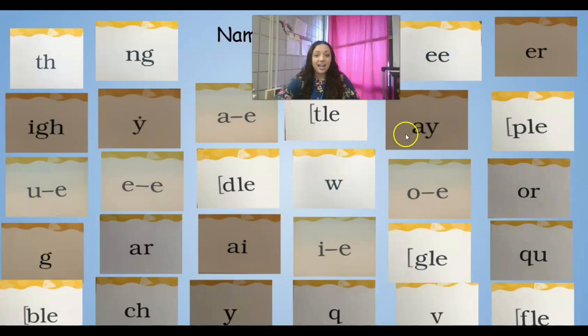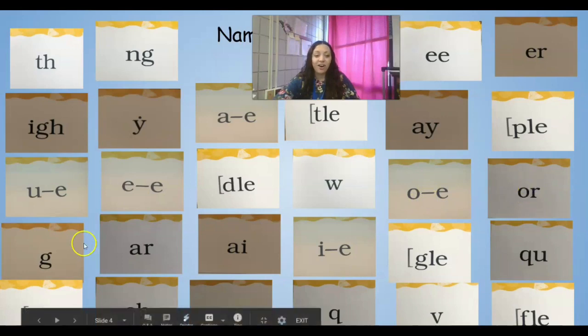Vowel digraph AY. And we've got our bracket again, so final syllable PLE. U consonant E. E consonant E. Final syllable DLE. W. O consonant E. Oh, we got another R, so combination OR.